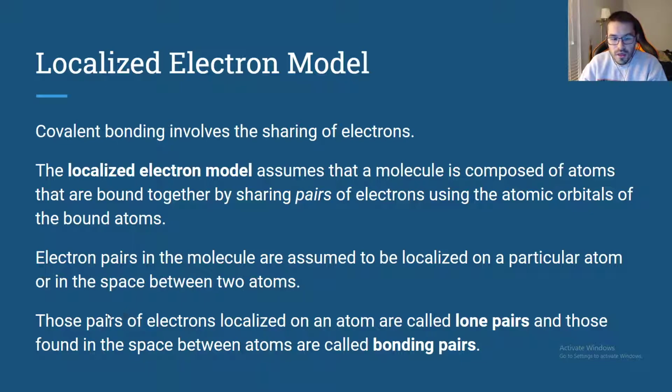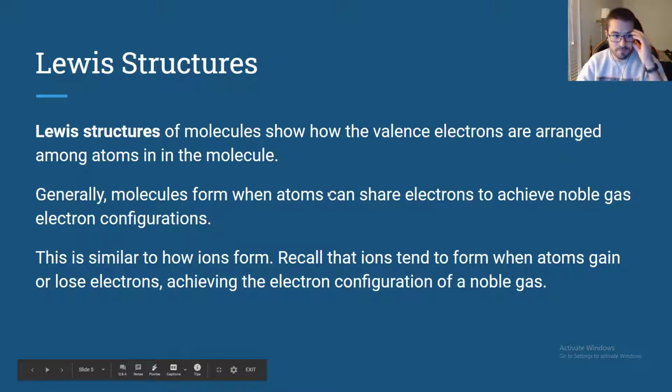Okay? The pairs of electrons that are localized on a single atom are called lone pairs, and those that are found in the space between atoms are called bonding pairs. Okay? So the sharing of electrons in covalent bonding, it would be the bonding pairs that are the ones that you're familiar with, right? Let's just look at some examples, okay?